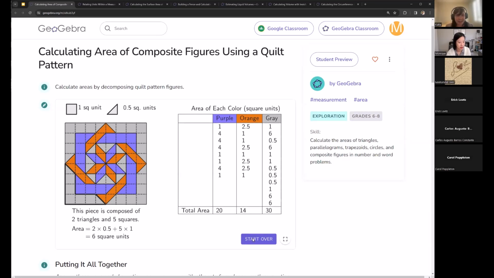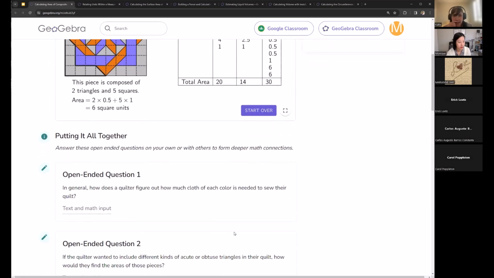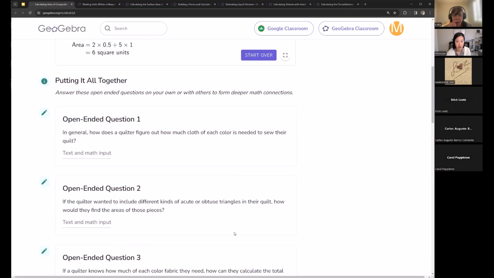If you scroll down, this is an exploration activity, and exploration activities usually have questions at the bottom. We call them putting it all together questions. These questions, as you can see, are all open-ended. They're not so much calculation questions like calculate the area of this given composite figure.